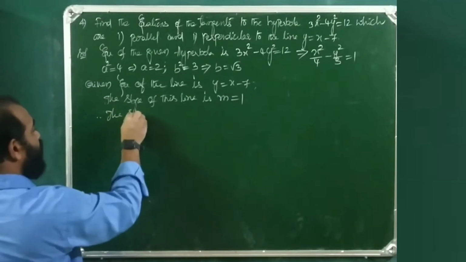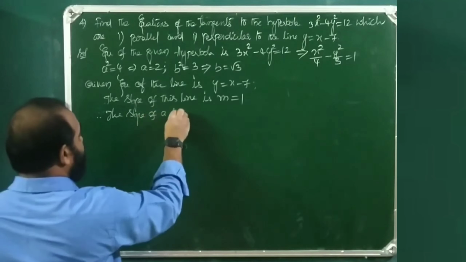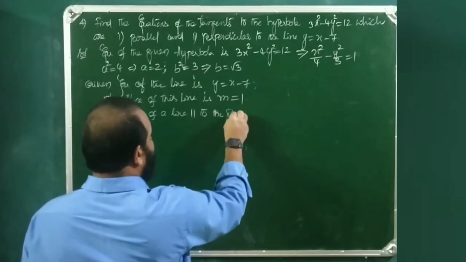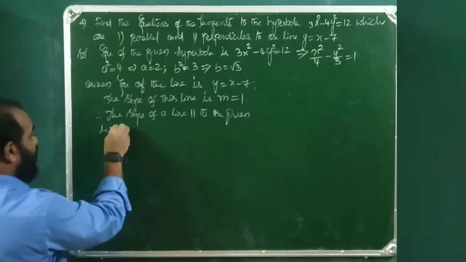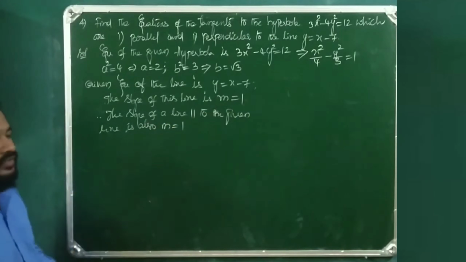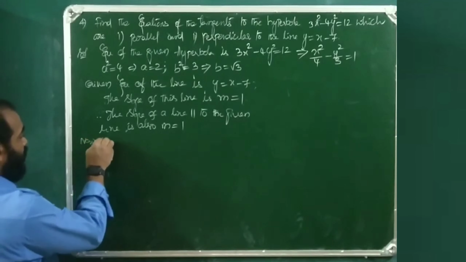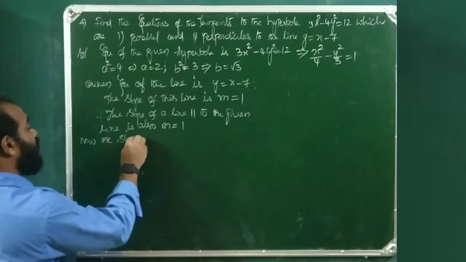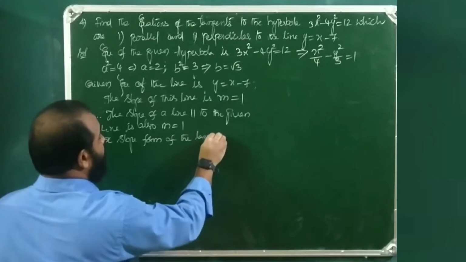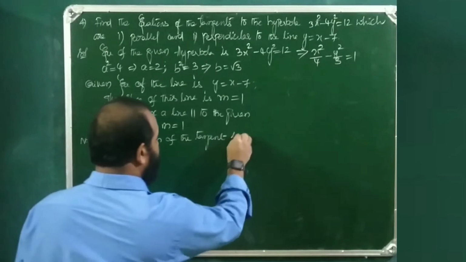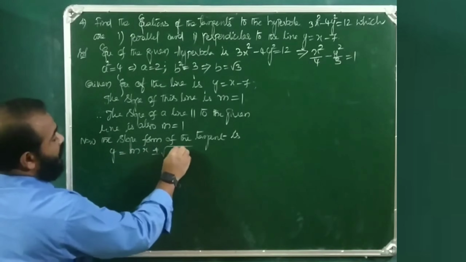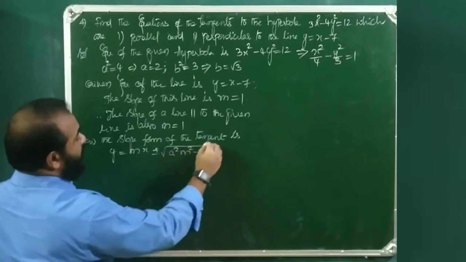Therefore, the slope of a line parallel to the given line is also m equals 1. Now, the slope form of the tangent is y is equal to mx plus or minus square root of a square m square minus b square.